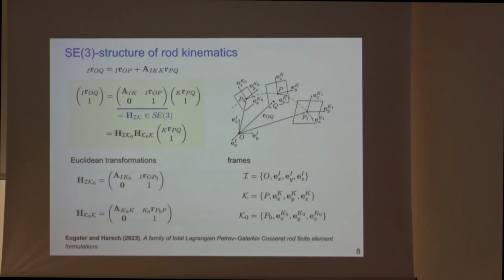But maybe for people who are not familiar with the SE3 structure, where is it in the rod formulation? We will go back to the kinematics of the rod, where we address the point Q with respect to the origin, to the inertial frame.